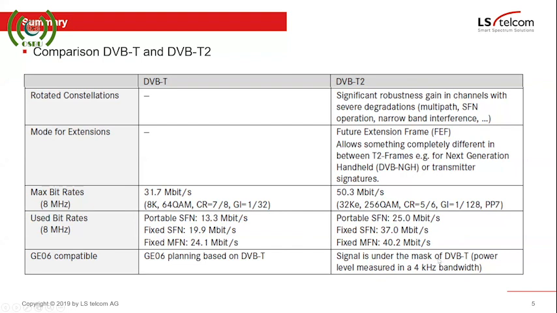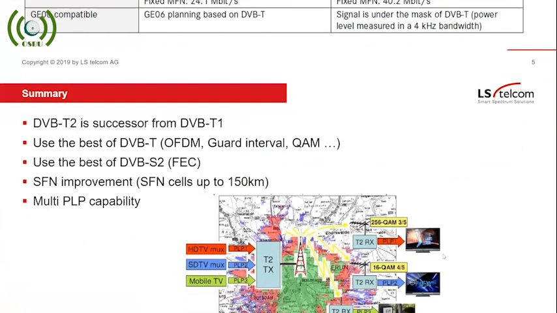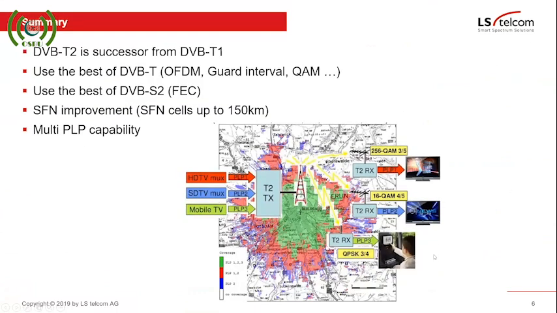Okay, and then anyway, when T2 was introduced, a lot was done to keep it within the same sort of mask to ensure that there's compatibility between the two and there's not huge interference cases.